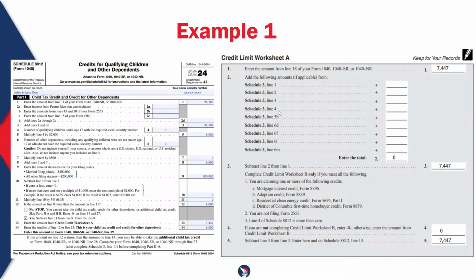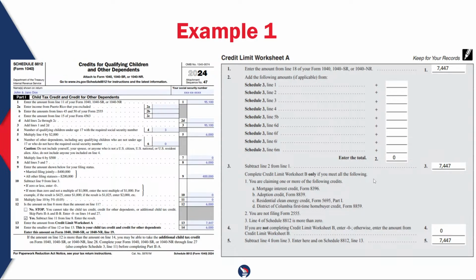Each one of these lines up here is actually representing a different non-refundable credit, which this one line here should represent the child tax credit. No. Well, each one of these represents a different non-refundable credit.